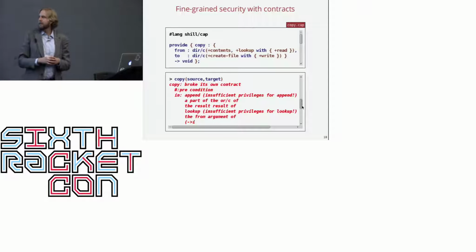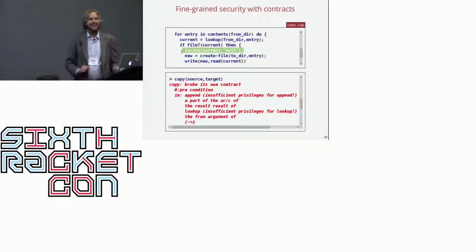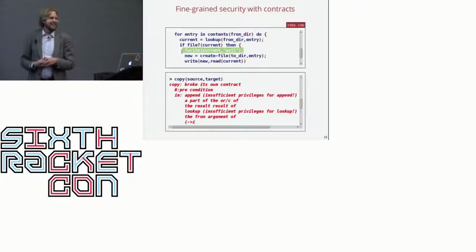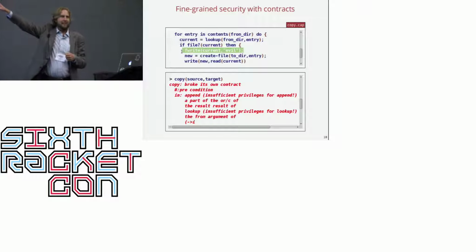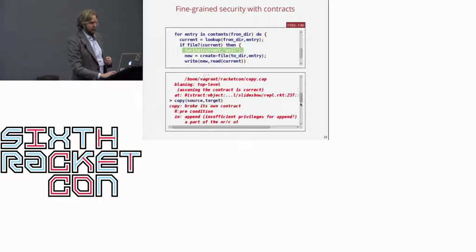It tried to append, but it had insufficient privileges for append on something that it looked up from the from argument. That seems a little weird. So if you actually go and look in this code, it turns out that sneakily, I added this malicious line, which as I'm copying files from the source to the destination actually goes and writes this evil message into the source directory that it wasn't supposed to.